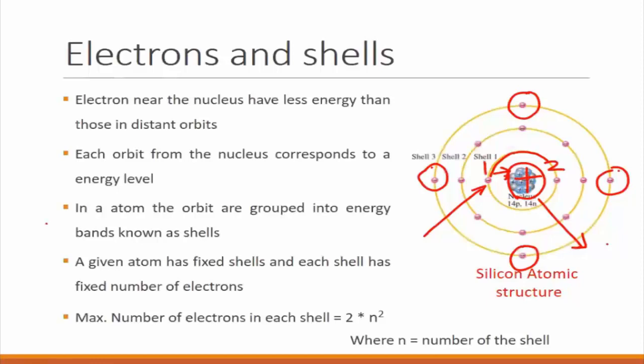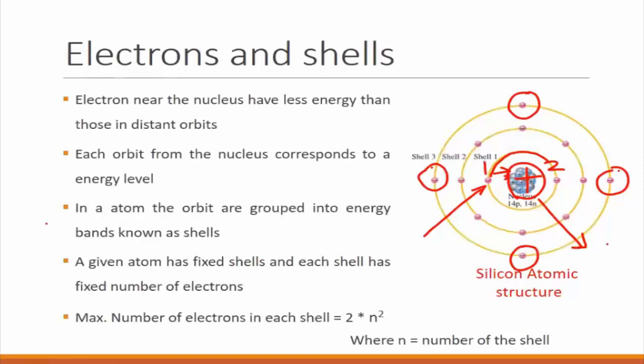All these numbers are fixed. Silicon has 14 protons and 14 neutrons, that's the atomic structure of silicon. Whenever we talk about silicon, that's what it is as per the atomic structure. But there is a way to find the maximum number of electrons in each shell by a formula known as 2 times n square.